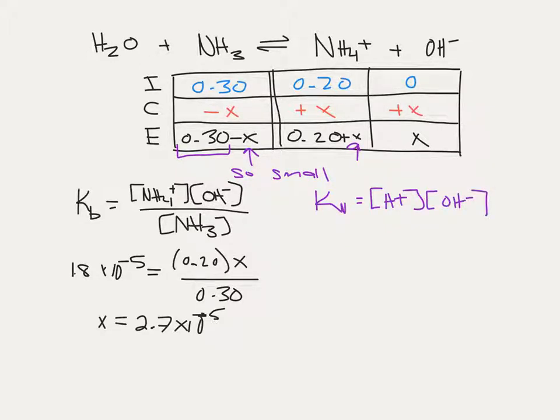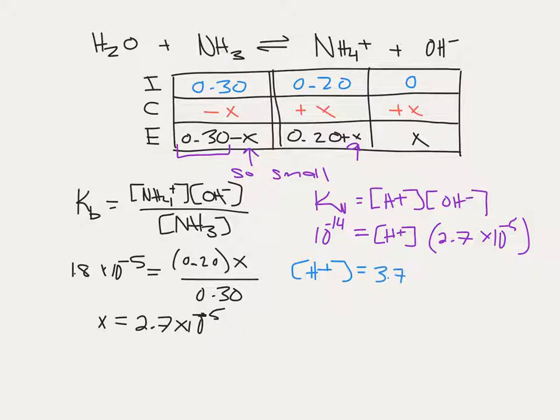Okay, so we'll have our 10 to the negative 14 equals hydrogen ion concentration times this ugly number. And we'll end up getting our hydrogen concentration is equal to 3.7 times 10 to the negative 10.